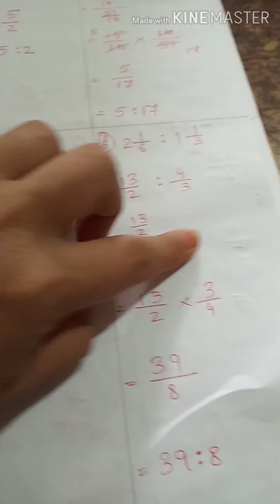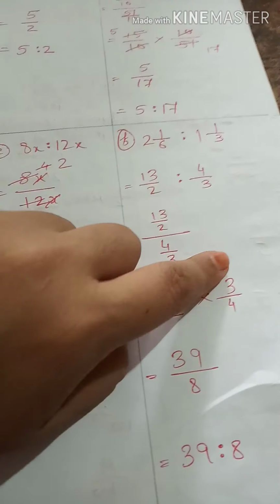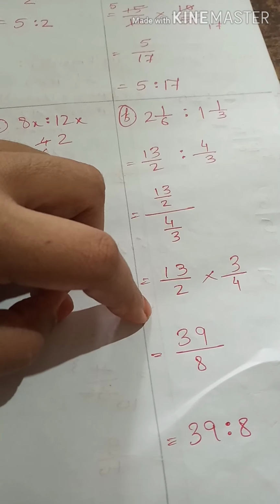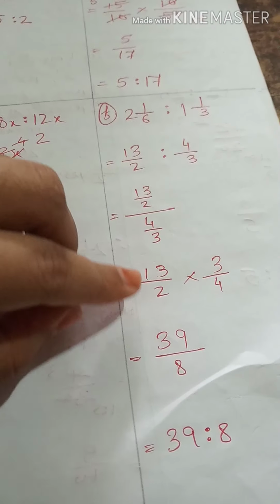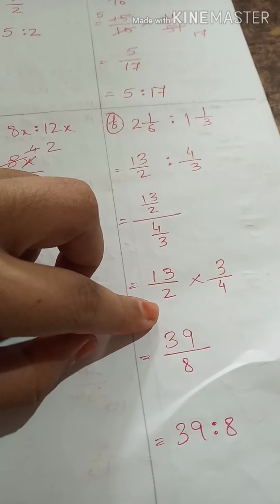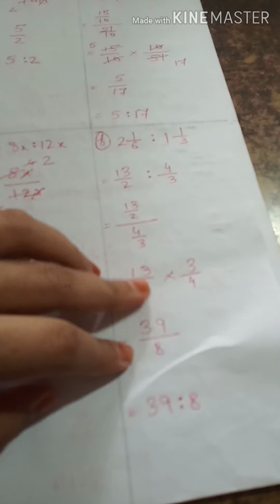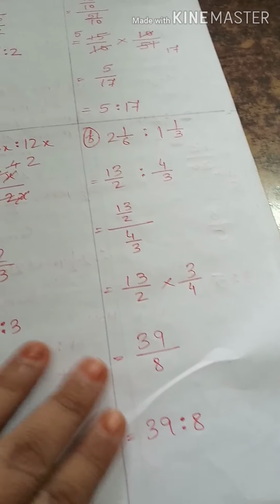Now we will bring the 4 by 3 to the top, so obviously it will be reversed. 13 by 6 into 3 by 4. Now in this case you cannot cancel 3 and 6 or 13 and 4, nor 13 and 6 or 3 and 4. So we will multiply the numerators and then the denominators. 13 3s are 39, 4 6s are 24. So 39 is to 24.